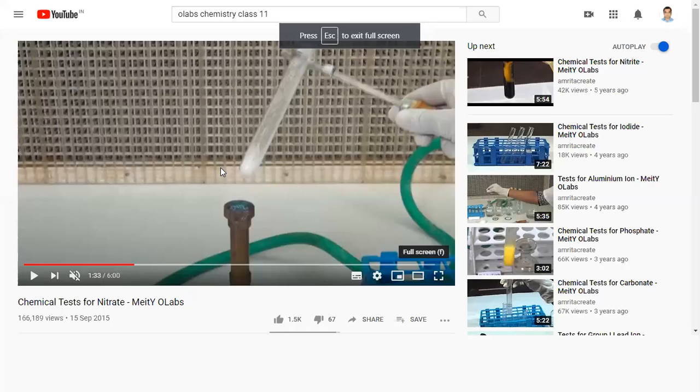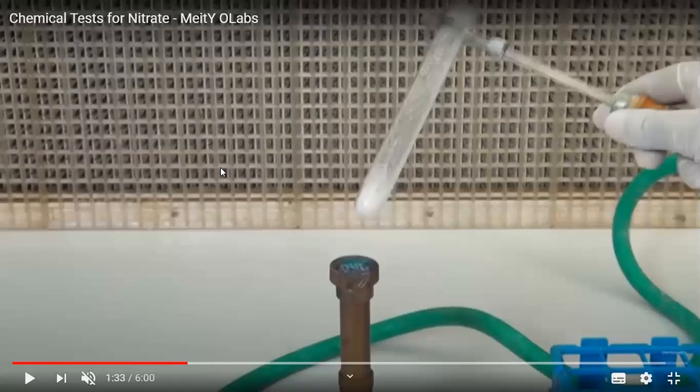Dear students, can you see the screen where the process of heating can be seen? Yes, sir. Okay, thank you for replying. Please pay attention. See, we have taken a test tube. This test tube is taken into the test tube holder, and this salt is there in the test tube.